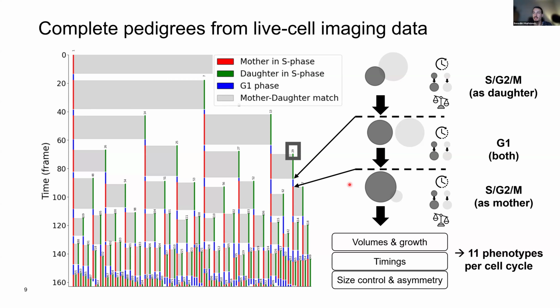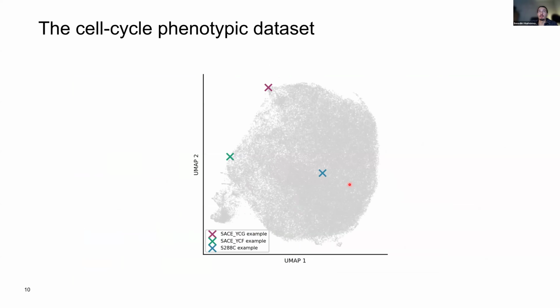And if you think about this as a data set, the special trait of this data set is that the cell cycles are aligned. So we compare volumes at exactly the same time, not in absolute terms, but in relative time within the cell cycle. And 11-dimensional data is kind of hard to approach.